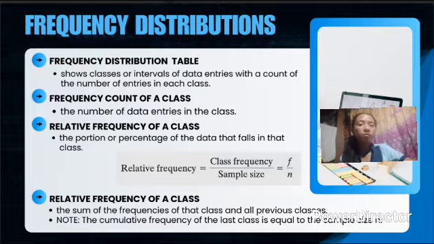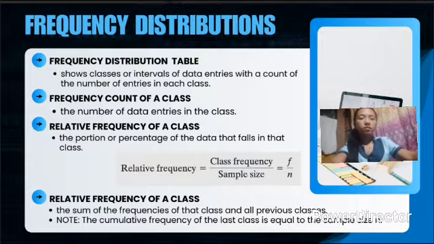So relative frequency is equal to f over n. Next, the cumulative frequency is the sum of the frequencies of that class and all previous classes. Note that the cumulative frequency of the last class is equal to the sample size n.